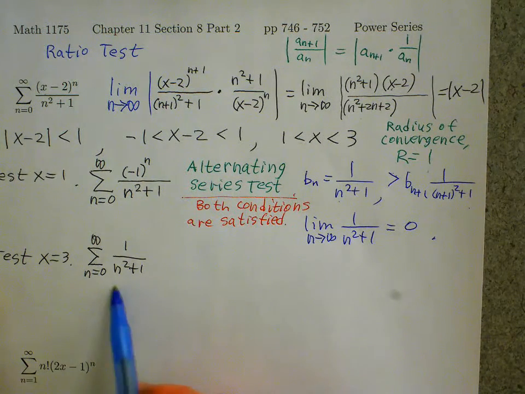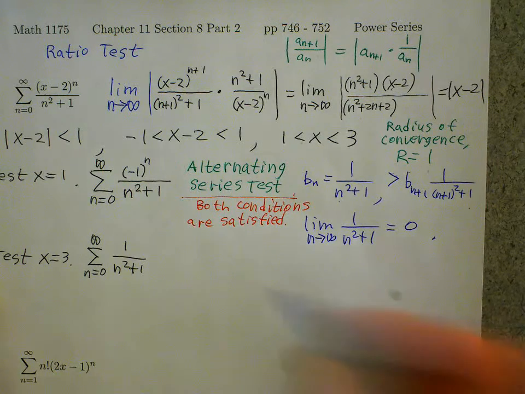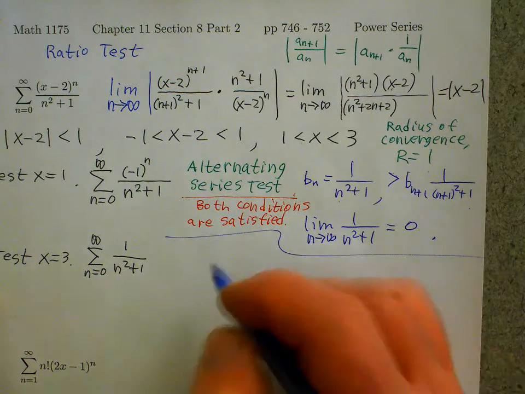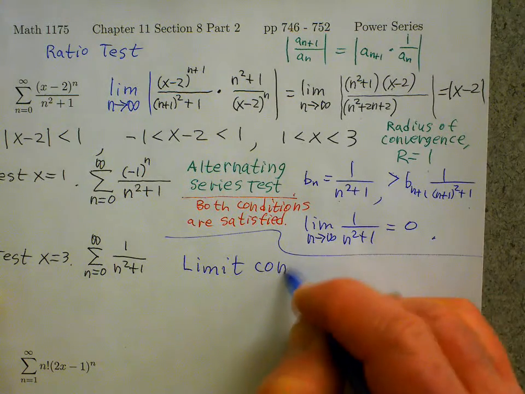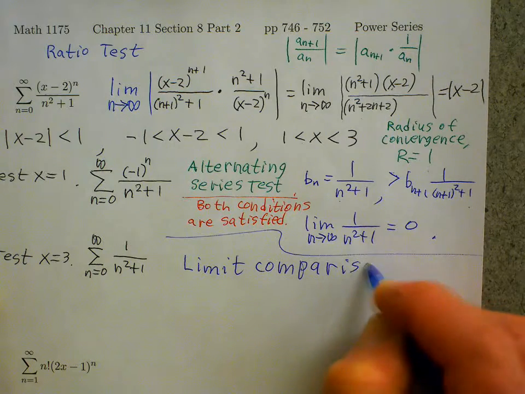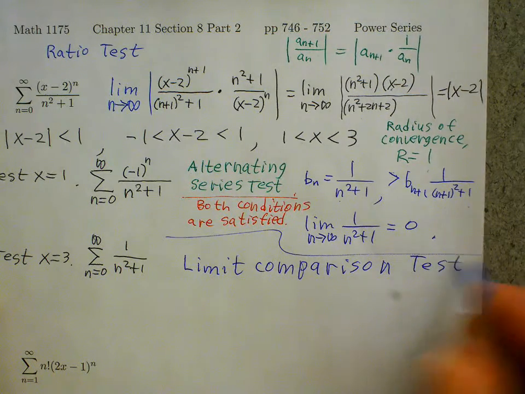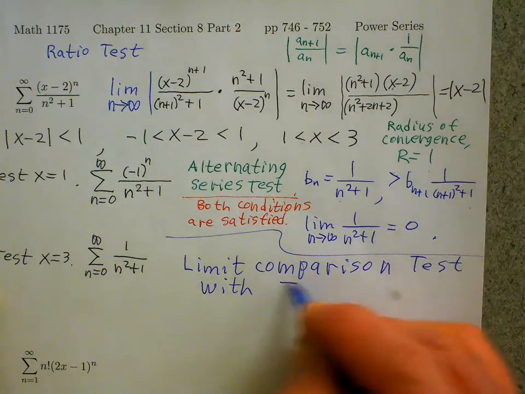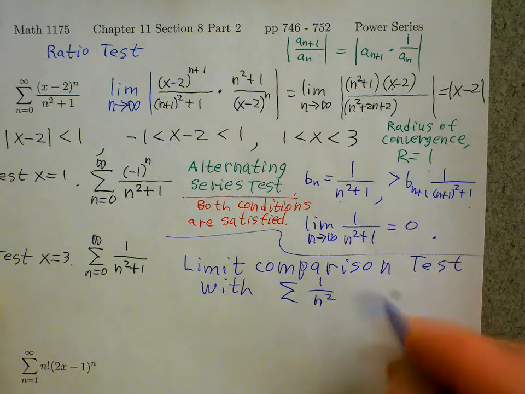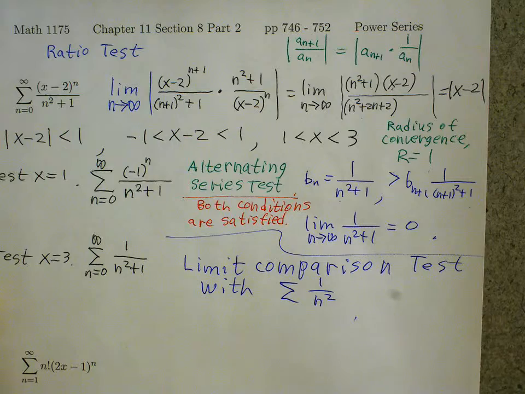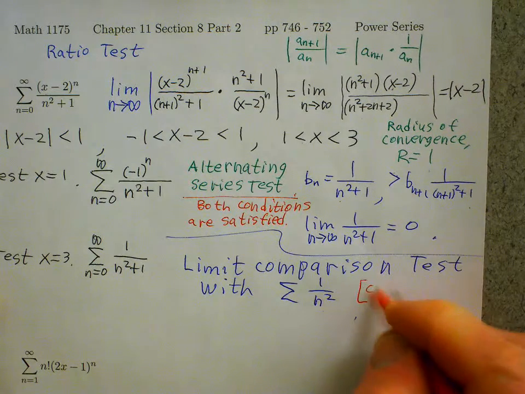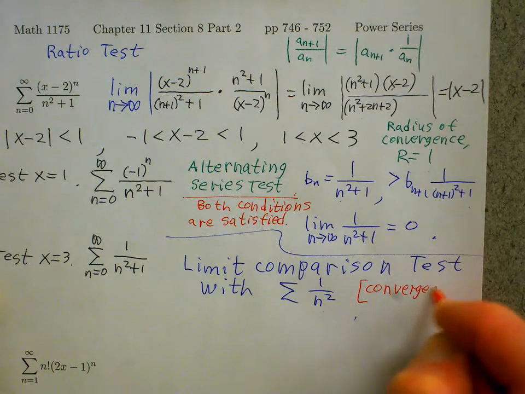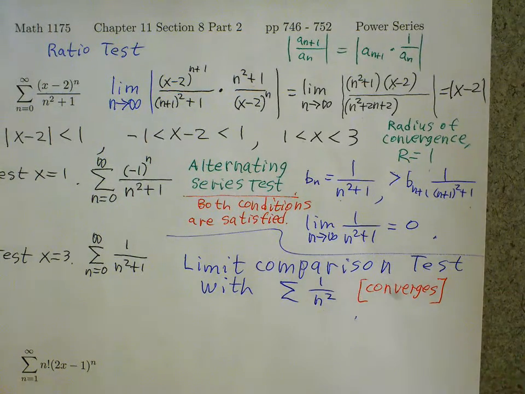So we should know that this converges, but let's go ahead and do a limit comparison test with the series 1 over n to the second. So we know that this series converges because it's a p series. The value of p is 2, which is greater than 1, so this converges. So remember what the limit comparison test says.